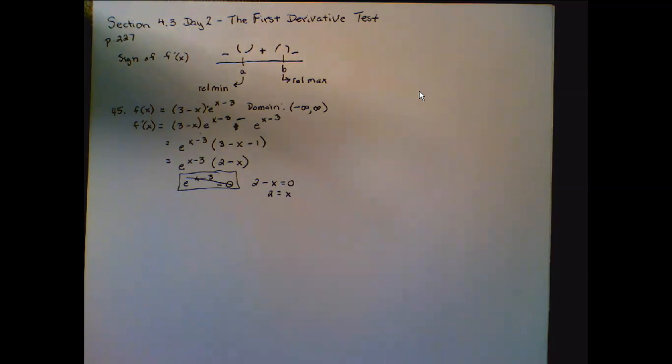Actually, since you all seem okay on 4.3, I'm gonna loosen up and not put any MyMathLab homework for today, so that you can go back and spend this weekend on whatever you need to spend it on. But I would think that probably related rates problems are the ones that are bugging the most people.